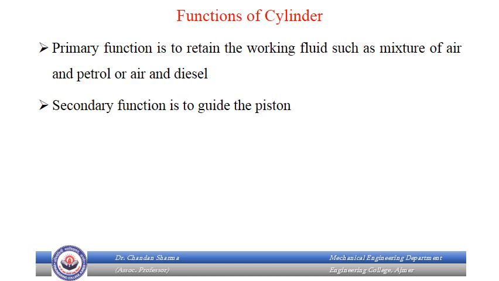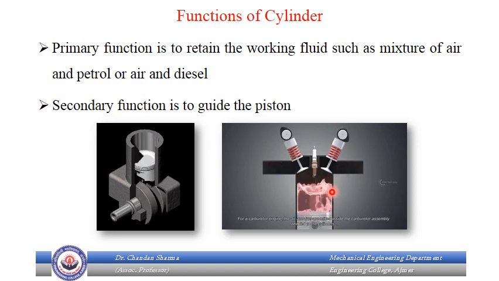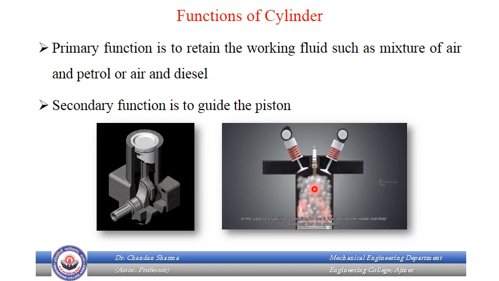So the primary function of cylinder is to retain the working fluid, such as mixture of air and petrol or air and diesel, and secondary function is to guide the piston. As you can see in these animations, this is cylinder, this is piston, this is connecting rod, and these are two valves. So cylinder is guiding the piston, at the same time it is retaining the working fluid.